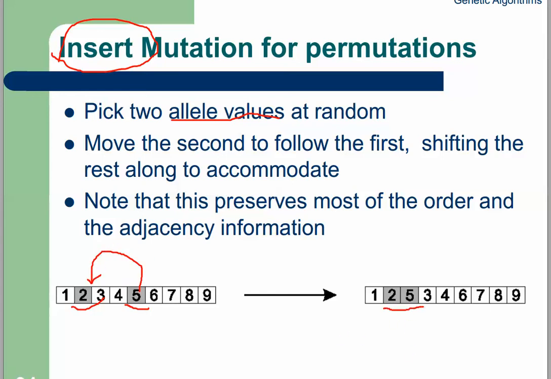The other bits are not changed. In this method, the order is preserved, and also the adjacency is preserved. It causes only a small change in the solution, and it is named insert. We select 2 bits randomly and insert the second after the first.